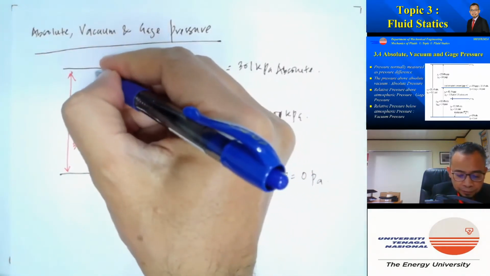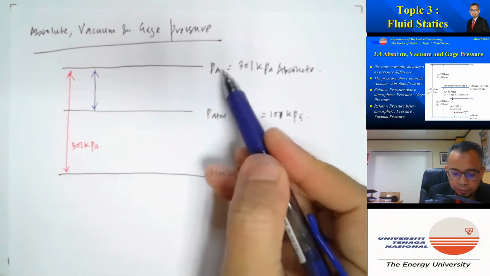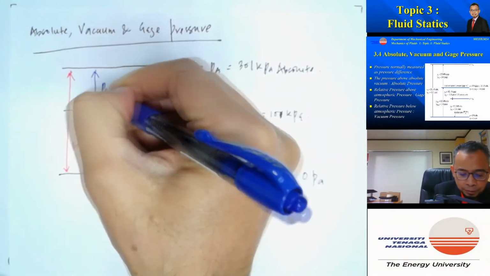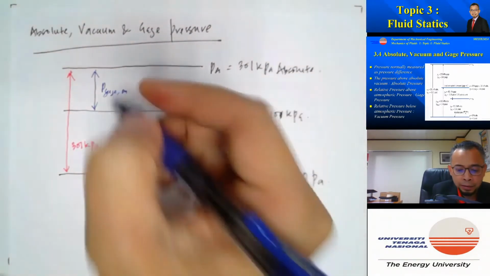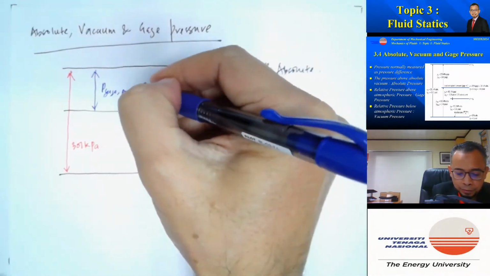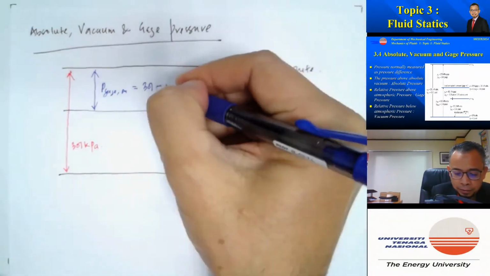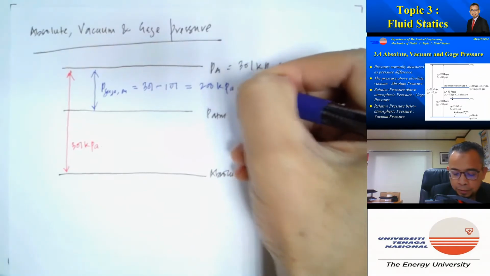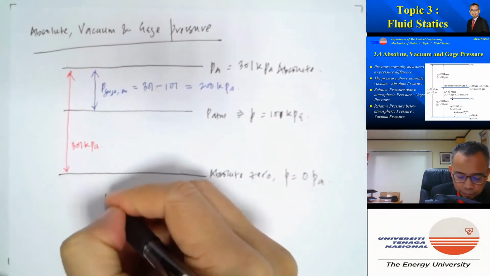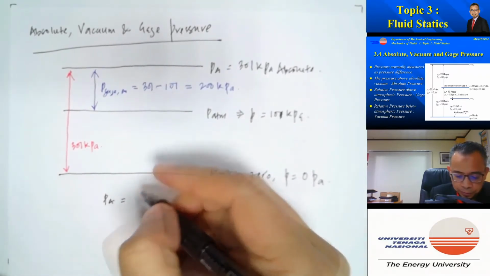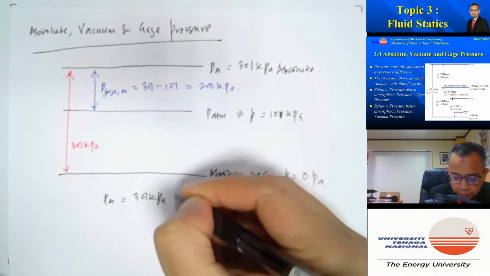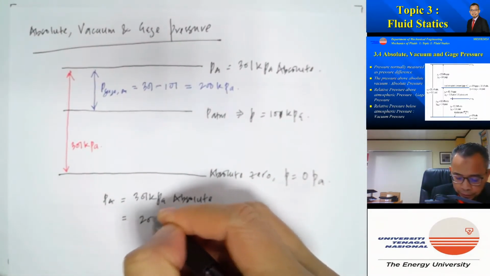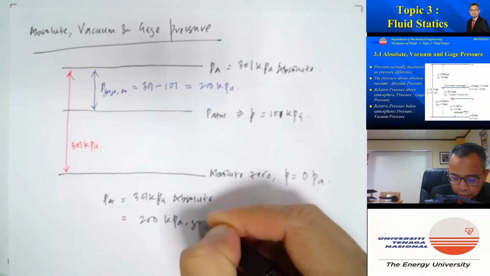So the relative difference between PA and PATM, which is equal to P gauge A, is equal to 301 minus 101, which is 200 kPa. So we can say that PA is equal to 301 kPa absolute. It is also equal to 200 kPa gauge.